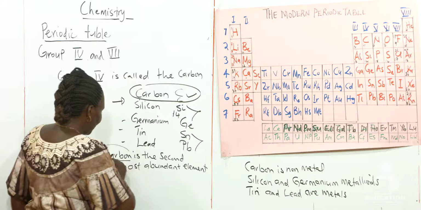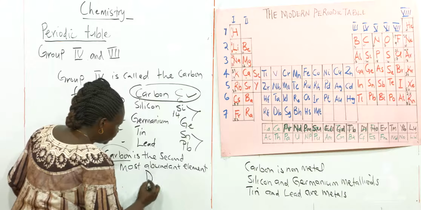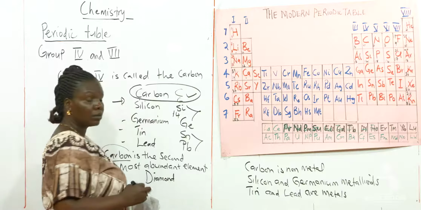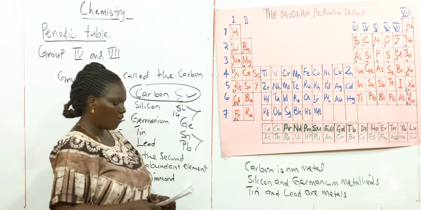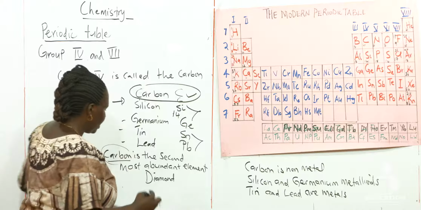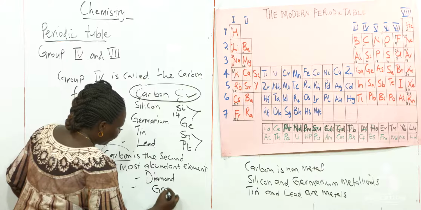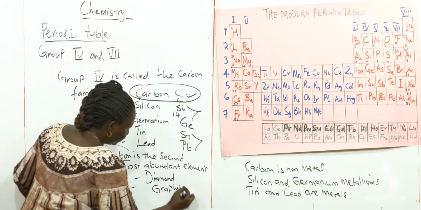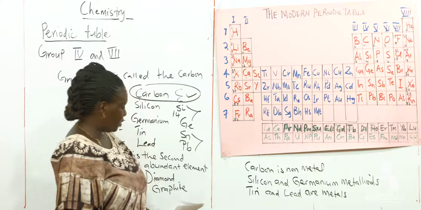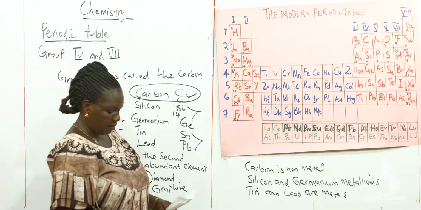As an element, carbon exists as diamond, which is one of the most precious minerals, and carbon exists as graphite.